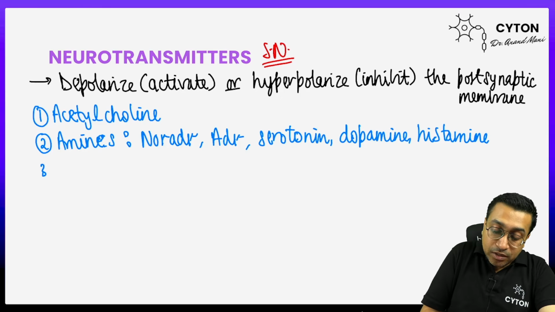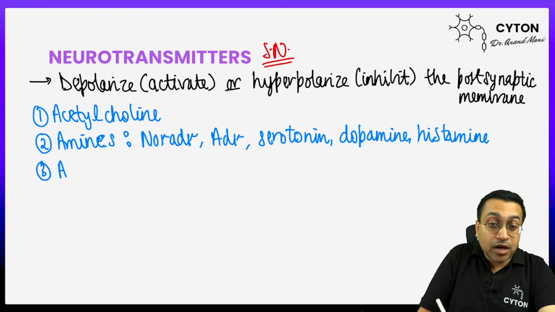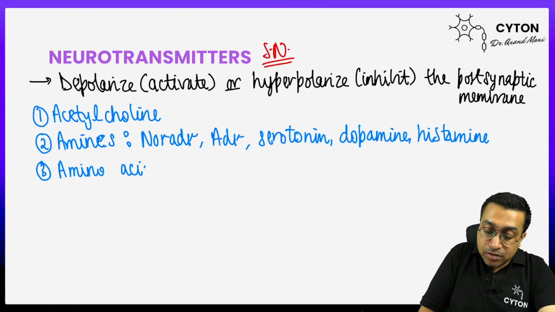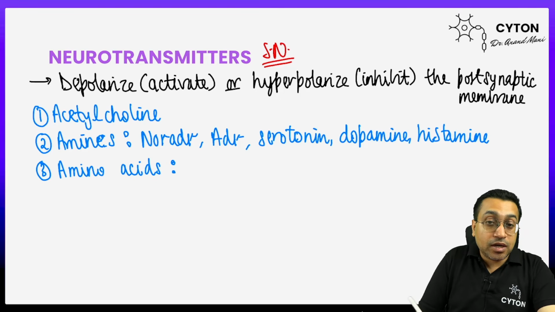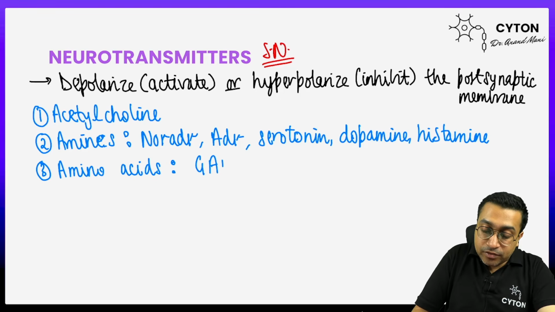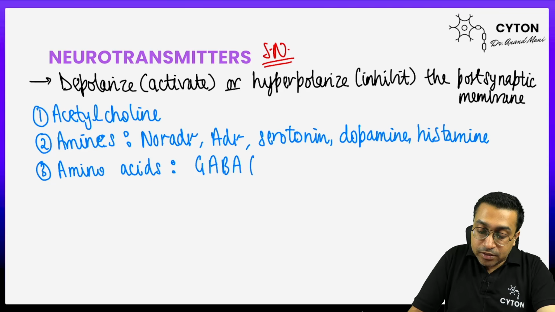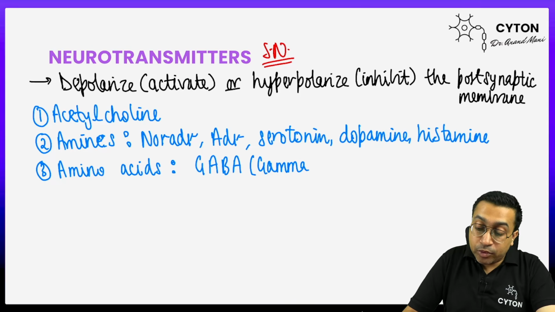Okay, number 3, that is amino acids, which involves GABA. Okay, what is GABA? That is gamma aminobutyric acid.